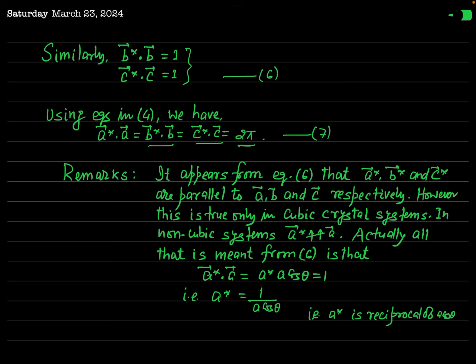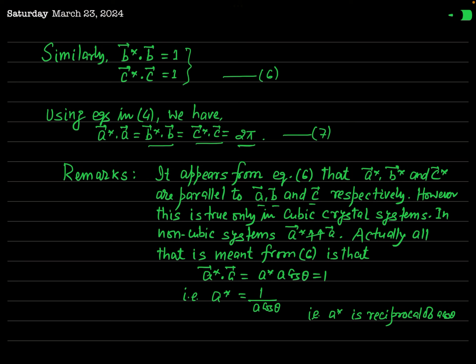Okay. Actually, when you see this result, it appears from these equations that this A star, B star and C star are parallel to A, B and C. It appears. However, this is not always true.